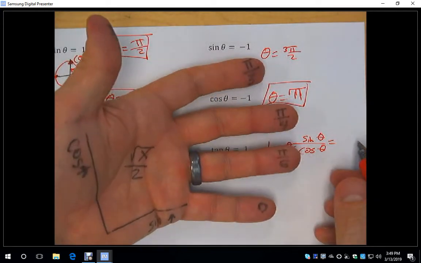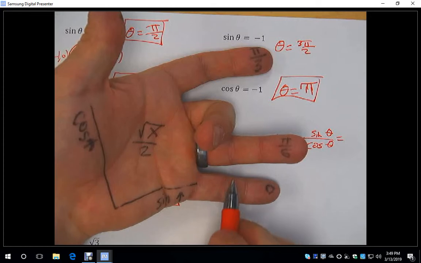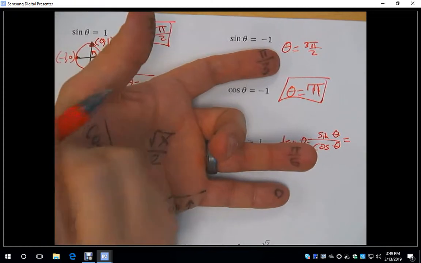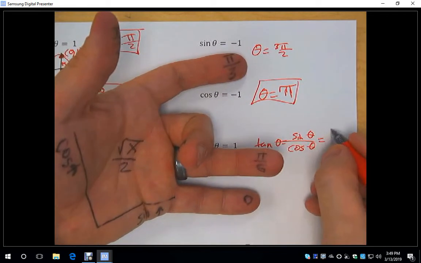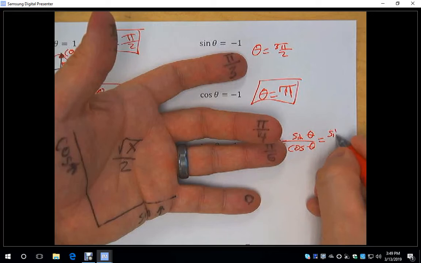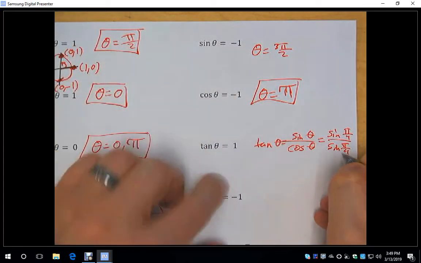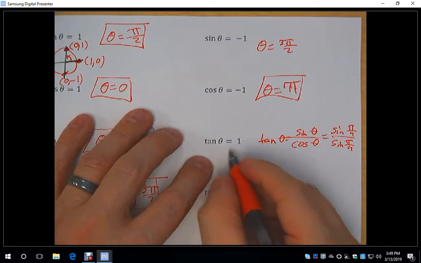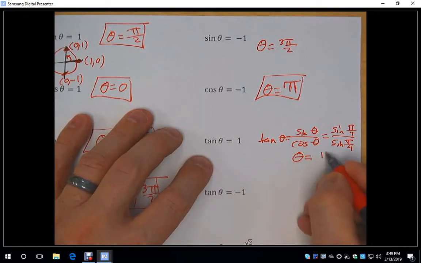That only happens at the point with the square root of 2 over 2 for sine of theta and the square root of 2 over 2 for cosine theta. So for our angle here, theta equals pi fourths.